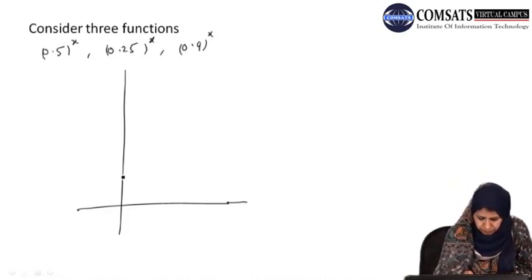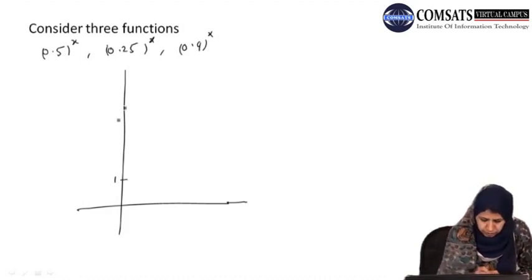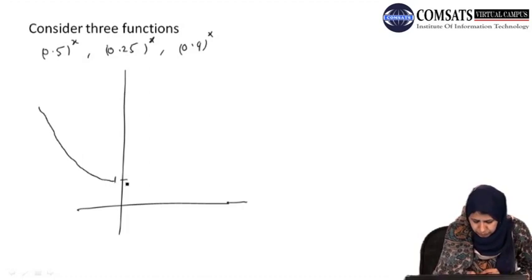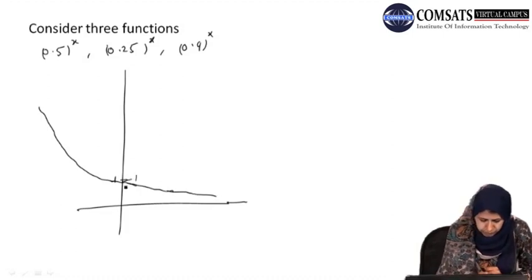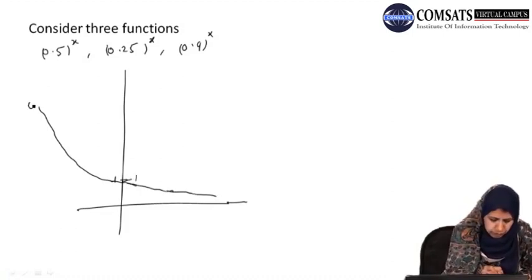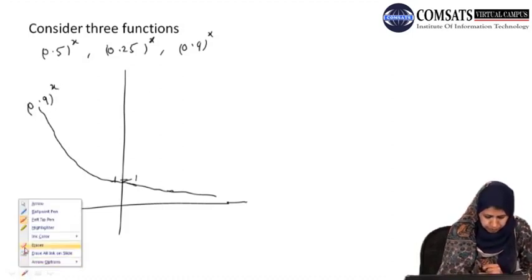And now if this is our 1, then first we plot the graph of 0.9. We have to change our 1. Let's say this is our 1. Graph of 0.9 to the power x.